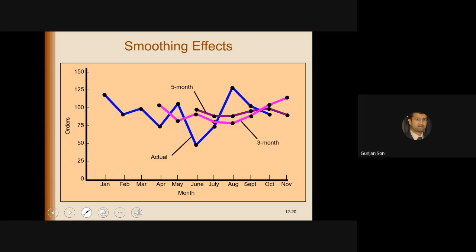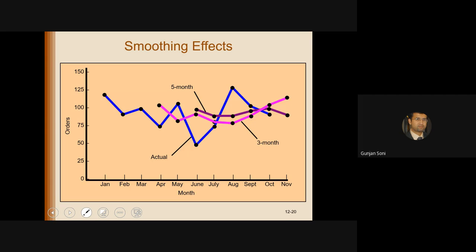Now, it is also evident that sometimes demand for a product in certain months is more important than the demand for the same products in other months. For example, ice cream. So demand for ice cream is more important in summer months. Or you can say consumer goods like television, fridge, and all these things.